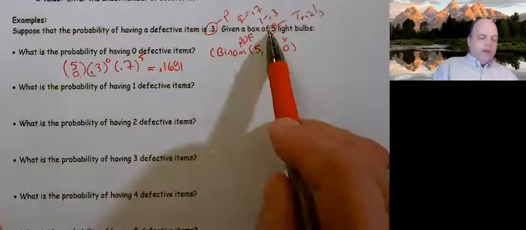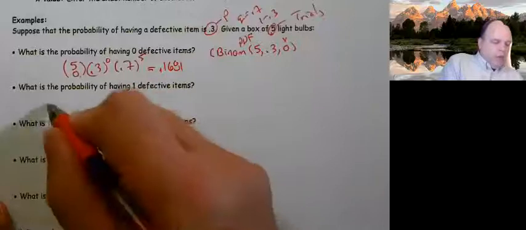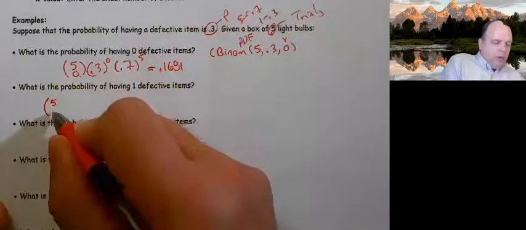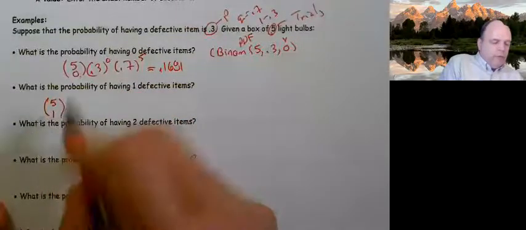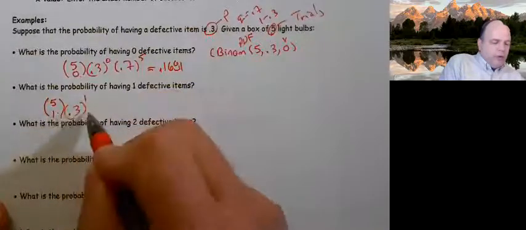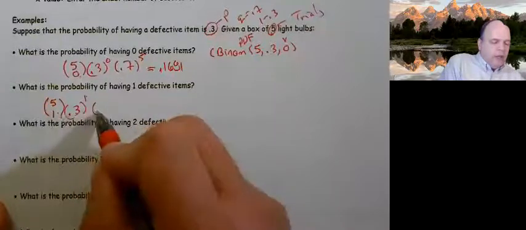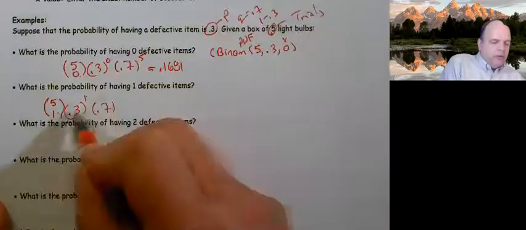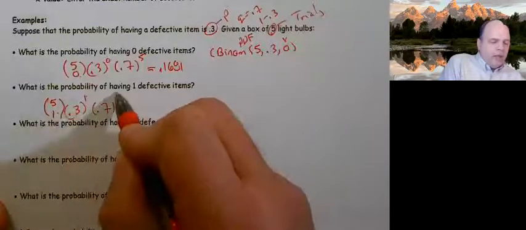So what is the probability of having 1 defective item? Well, I still have 5 light bulbs, but I want 1 to be defective. So 0.3 to the first, because these values are always the same. This is the probability of success, and this 0.7. 5 minus 1 is 4.